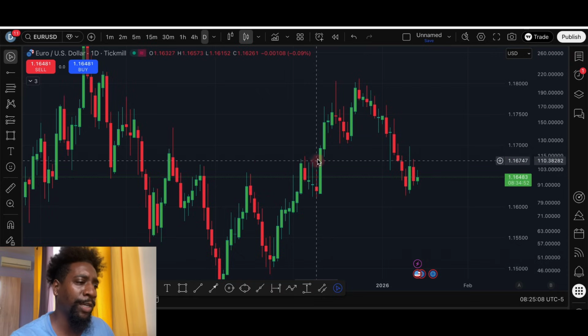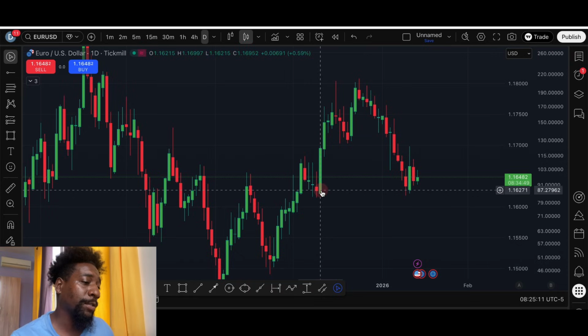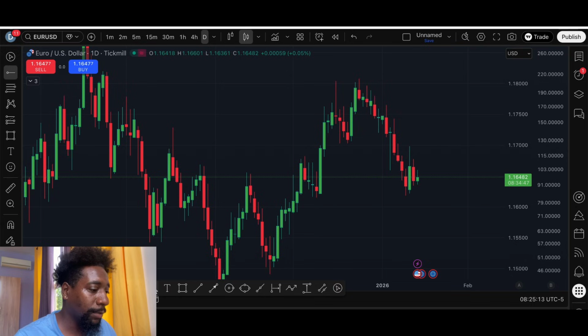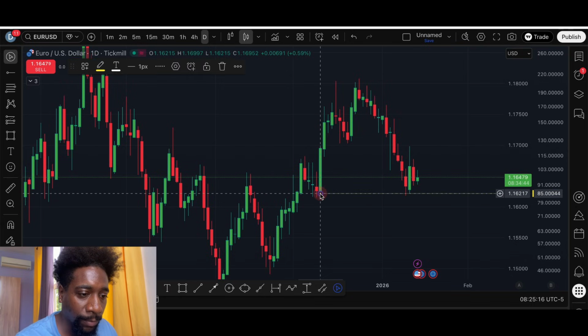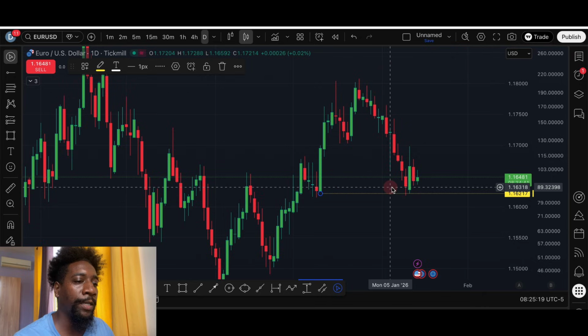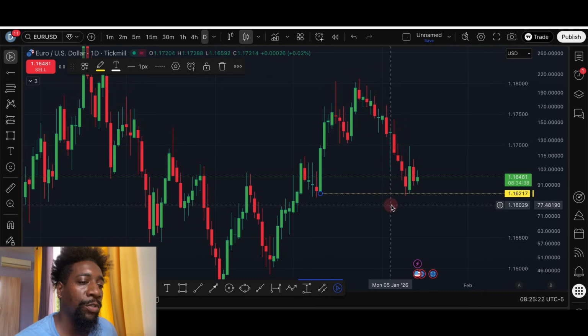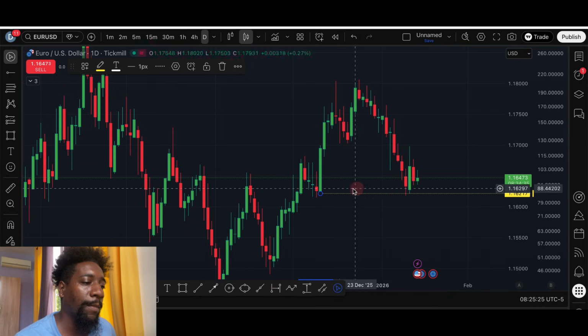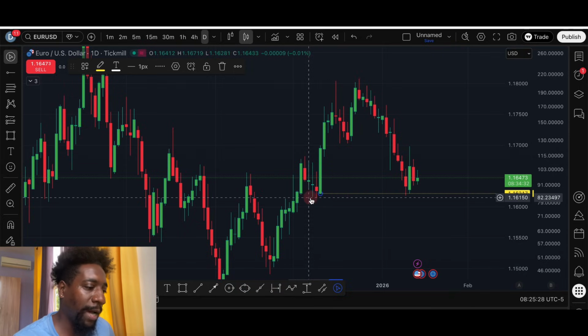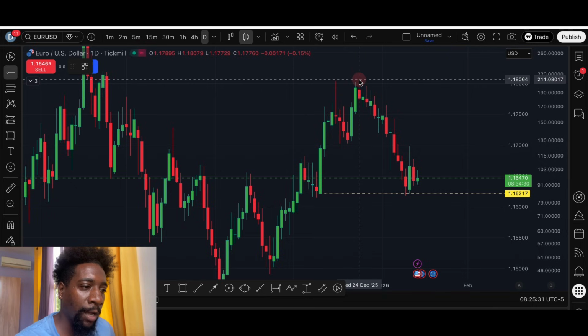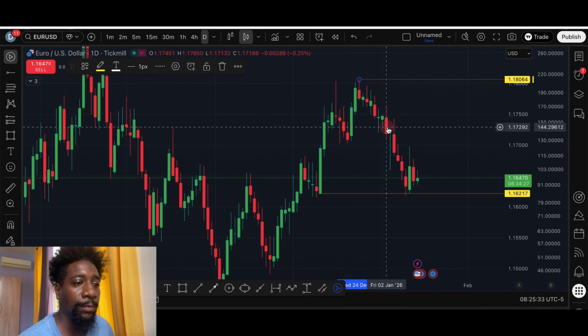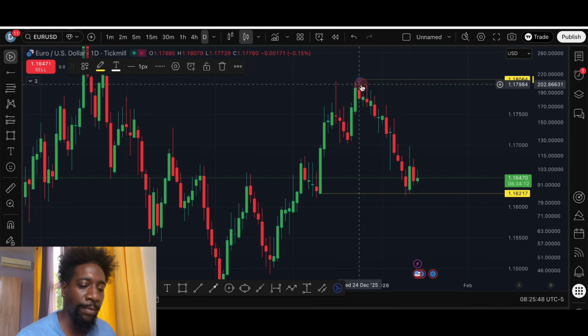As you see these big green candles, this means that there are buyers at this level of 1.16200, let's say, and the buyers pushed the market all the way up to 1.18064. So that's well over 1,000 points, or 1,000 ticks, you would say. This is the area that I will be focusing on.